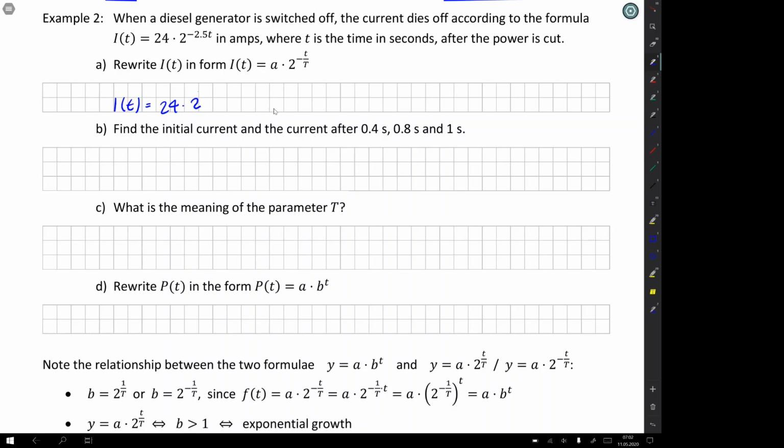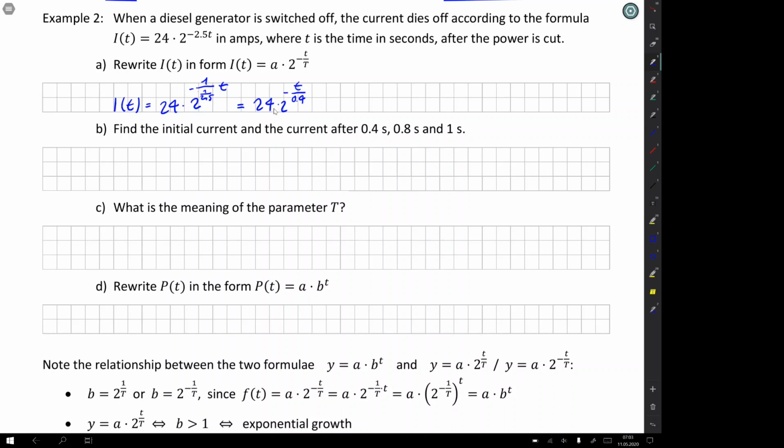Let us write it as minus 1 divided by 2.5 times t, and we realize 1 divided by 2.5, we get minus t divided by 0.4, 2 to the power of that.